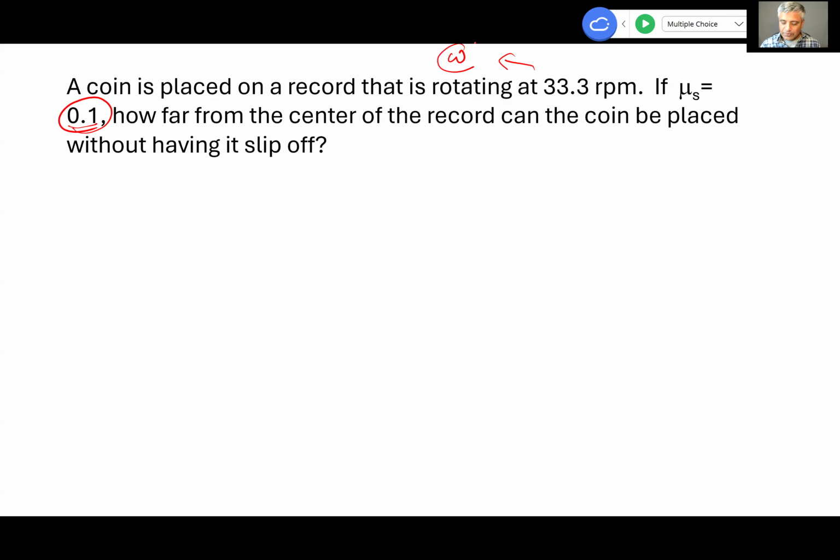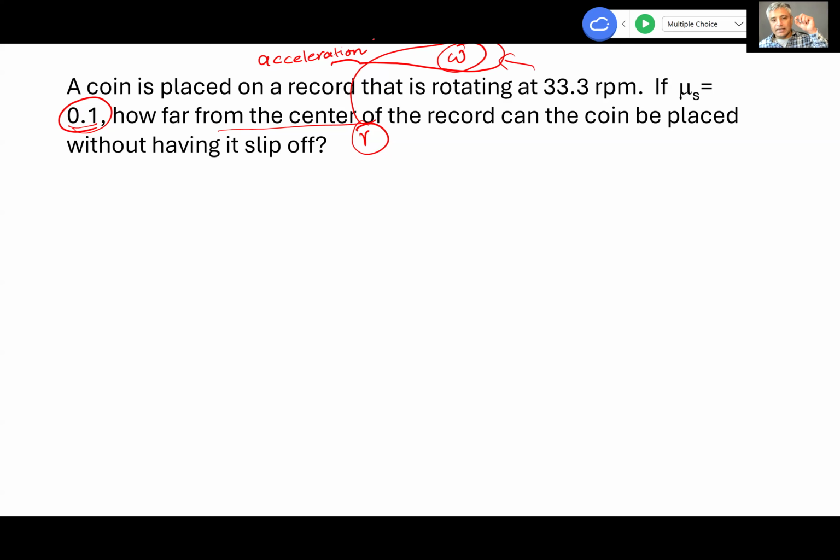And this is speed, force, speed. And it says how far from the center. So that would be a radius, okay? Radius and speed, that gives us acceleration. So we need to keep that in mind in circular motion.